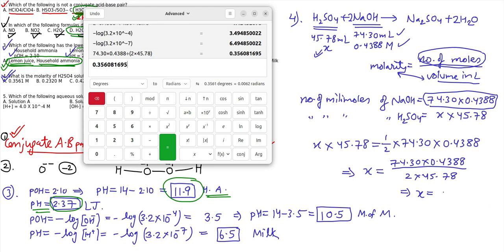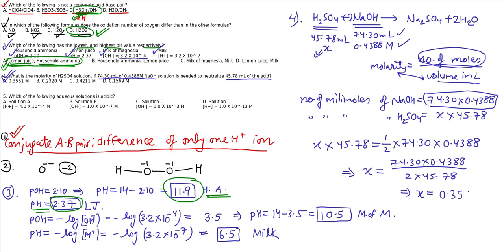So X is 0.3561 molar, and this was the molarity we considered of the H2SO4 solution. So the correct answer is 0.3561, which is the first answer. So the answer to the fourth problem is A, 0.3561 molar.